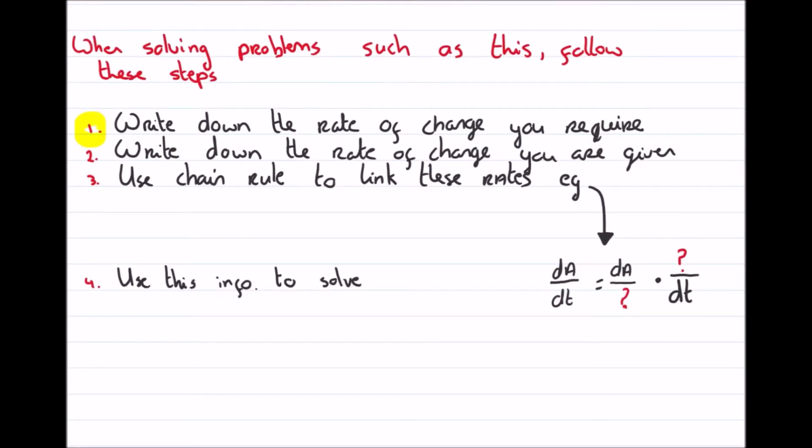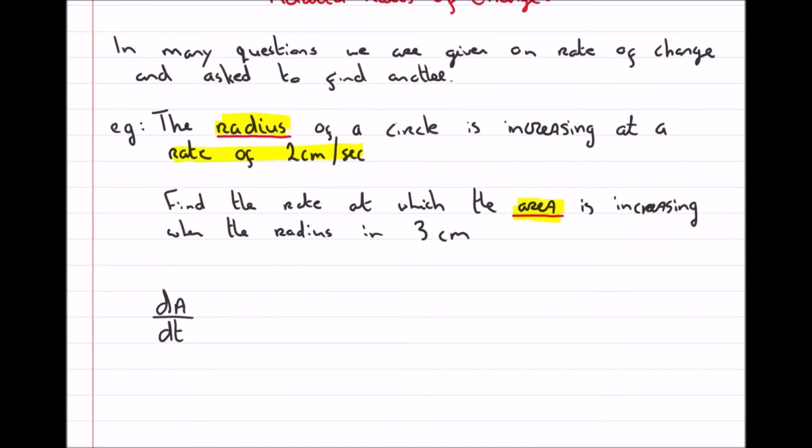The next one, write down the rate of change I'm given. The radius of a circle is increasing at a rate of 2 centimeters per second. So I'm given the radius, dr/dt.